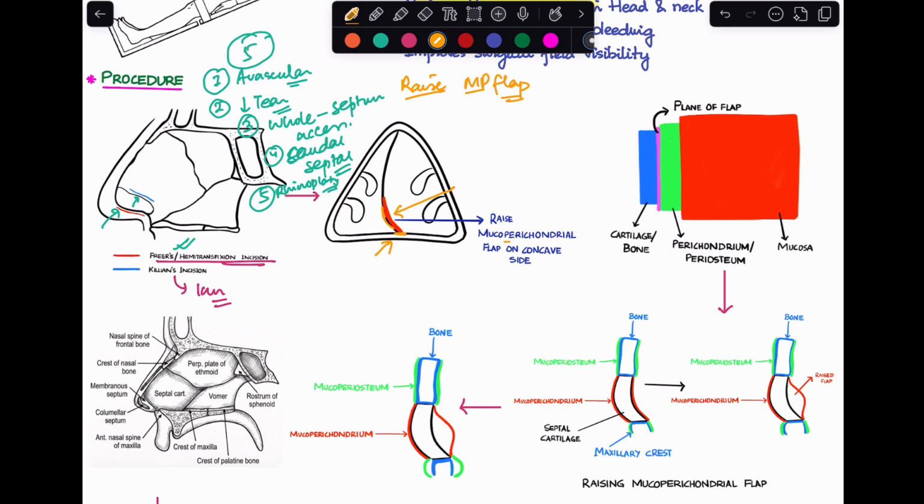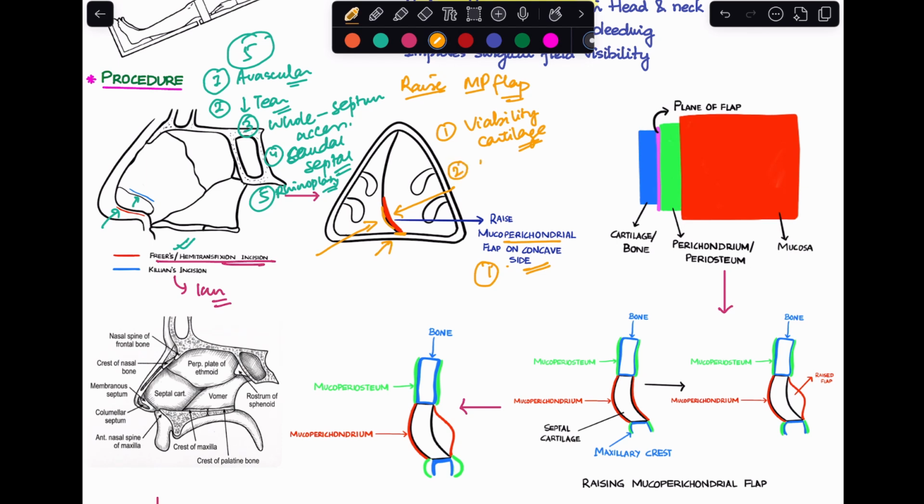Usually, this mucoperichondrial flap is only elevated on one side, which is the concave side. We prefer not to elevate the opposite side mucoperichondrial flap. Why is that? The advantage of doing unilateral flap elevation is that, first of all, it will increase the chances of viability of the cartilage.